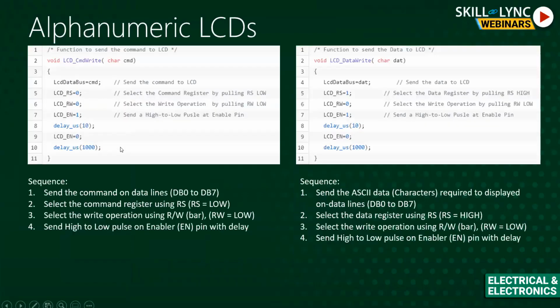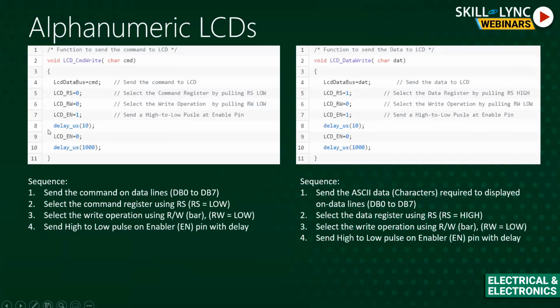If we need to write a small piece of code to send the command, ultimately there is one function which takes an argument, which is the command. Here we just take the LCD data bus, which gets the data from that. This is the LCD RS line, which we make 0. Read/write bar is also 0, and for enable we give a certain delay and make a high to low pulse.